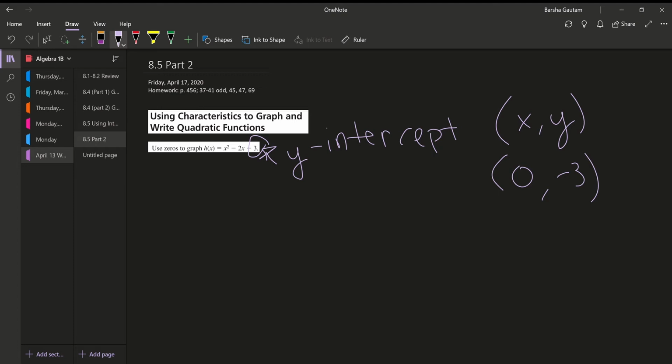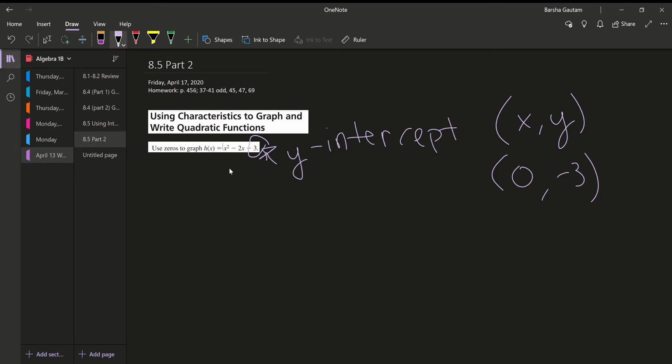So now we're going to take a look at our graph again. We're going to make a couple more observations. For example, we have h of x is equal to x squared minus 2x minus 3. If we look in front of the x squared, where a would be, nothing is written. So we automatically assume that it is 1.